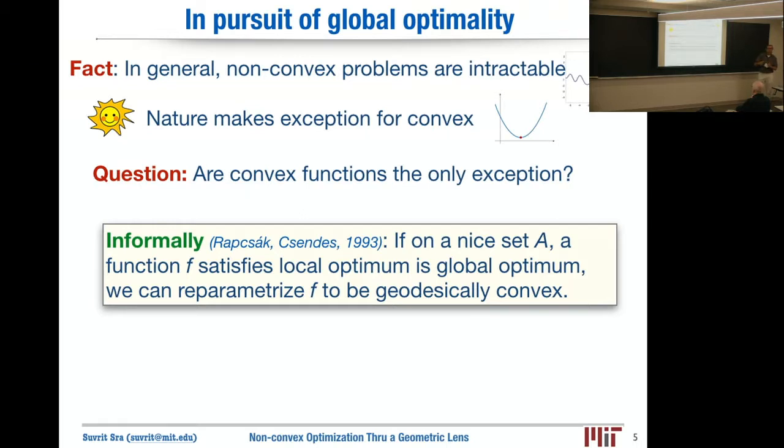So you can endow such a parameter space with the structure of a Riemannian geometry. Under those geodesics, your function will appear convex. This is just an existence result to motivate that, in some sense, if you have a nice local-equals-global property, there's a nice change of coordinates which reveals to you some kind of hidden convexity.